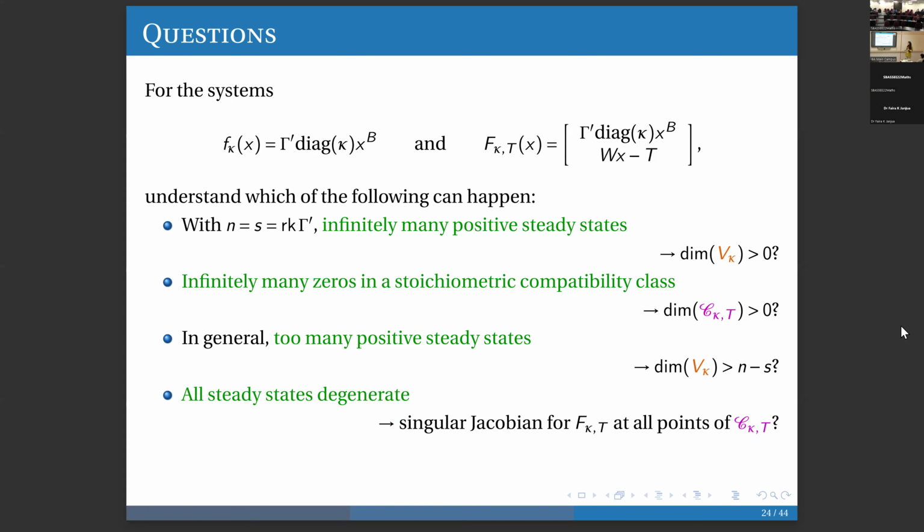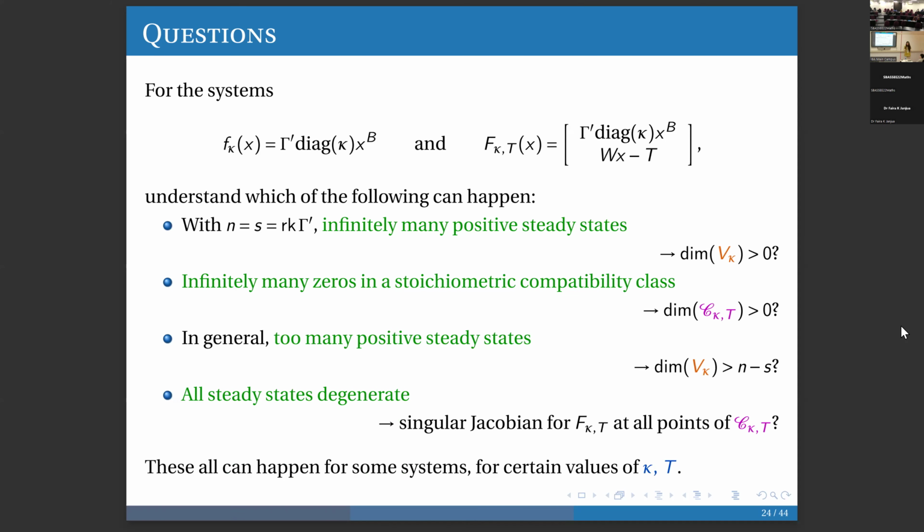So that would mean that the Jacobian of the full system, this is the one that I parameterized yesterday, does not have full rank, is singular for all points at some of these stoichiometric compatibility classes.